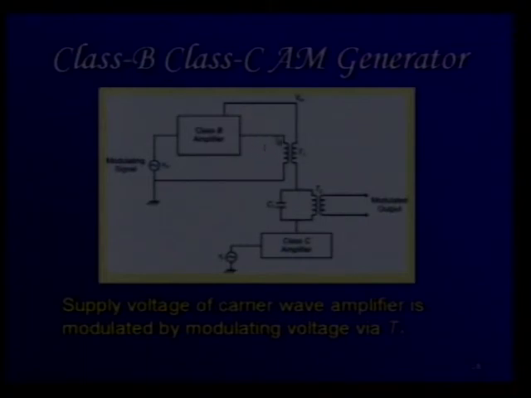the modulating wave. Then you superimpose this signal on the supply voltage of the class C amplifier. The supply to this class C amplifier is going here with this line, and here you are superimposing the modulating signal on it, so that you are changing the supply itself in this particular circuit.